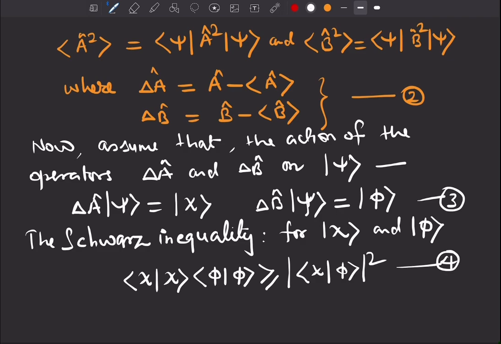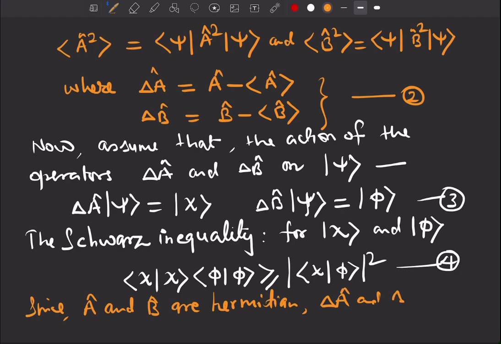Now since A and B are Hermitian, delta A and delta B must also be Hermitian.